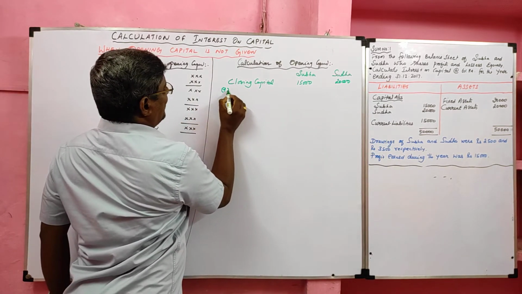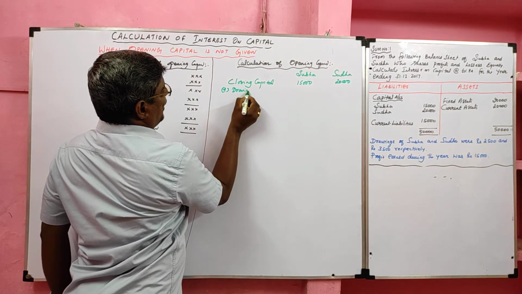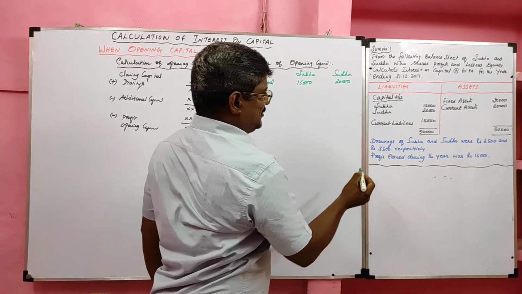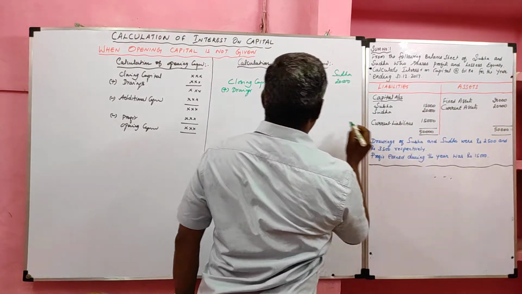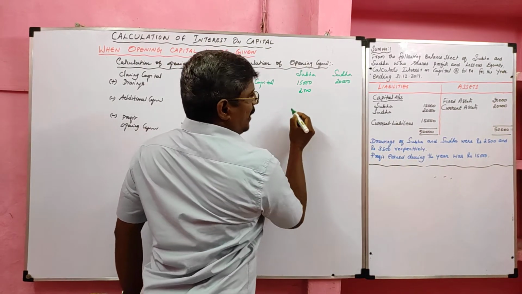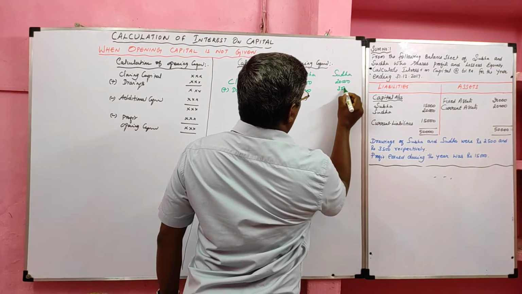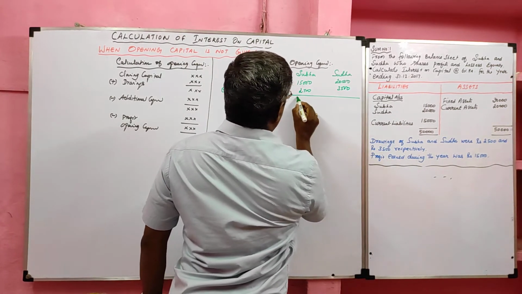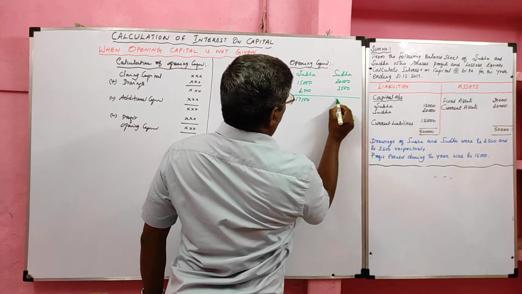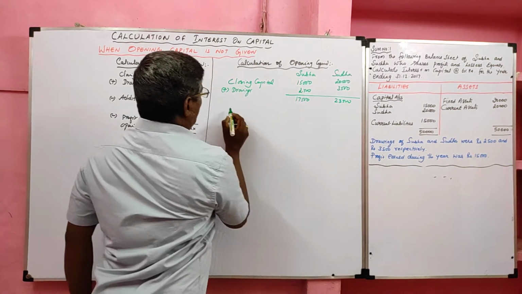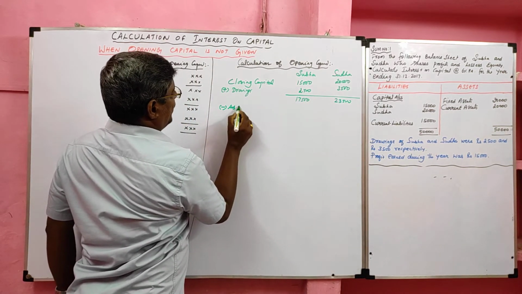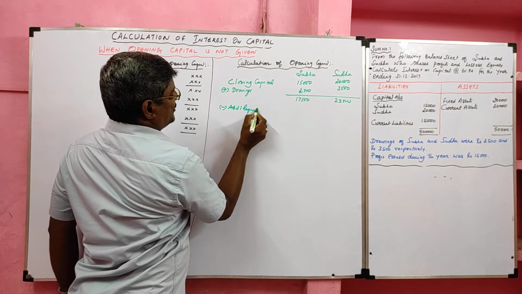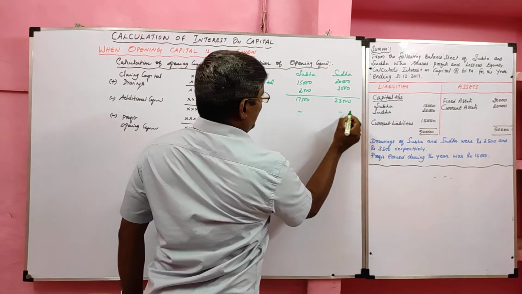Then we have to add drawings. Drawings are given in the adjustment: for Subha 2,500, then for Sudha 3,500. So now 17,500 and 23,500. Minus additional capital. Additional capitals are given in the adjustment, but in this question not given, so we can mark it as nil.